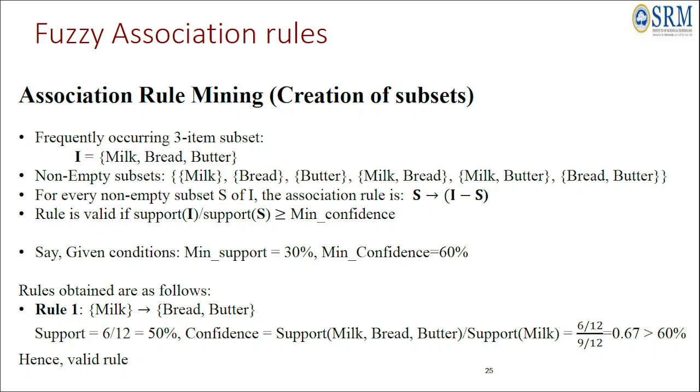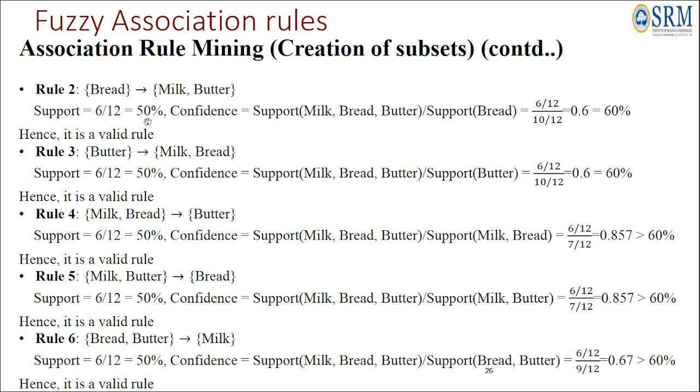Similarly, for the second rule, we again have a mapping from bread to milk, butter, and we get it as exactly 60%. So it is greater than or equal to 60%, as the rule condition says, and hence it is also a valid rule. Next, the third is a mapping from butter to milk and bread. Again, it is 60%, and again it is valid. Next, milk, bread mapping to butter.